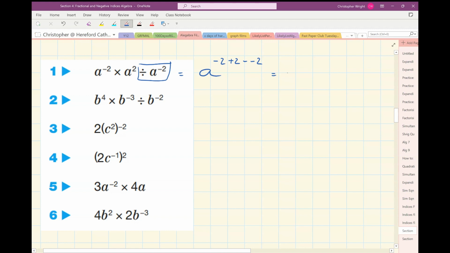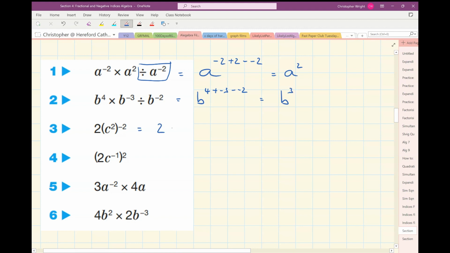So that is going to become a squared. Minus 2 plus 2 is 0. Minus minus 2 is plus 2. In the same way, I'm going to have b to the power of 4 plus minus 3 minus minus 2, which is b to the power of 1 plus 2, b cubed.